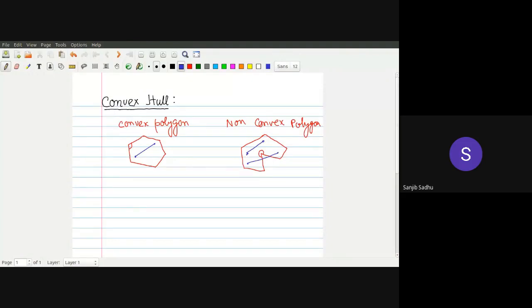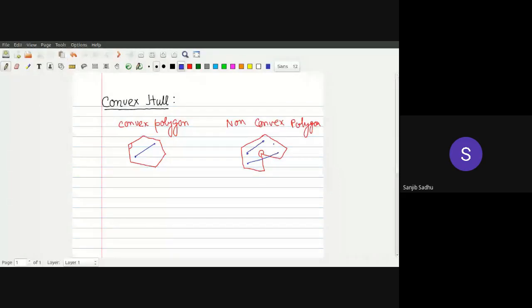Yes, it is not intersecting, but the definition says for any pair of points, which means the 2 points can be at any positions. So if for all pairs of points inside the polygon you connect the 2 points by a line segment, and the line segment intersects the boundary for at least one pair of points, then we'll call that polygon a non-convex polygon. So this is the definition.